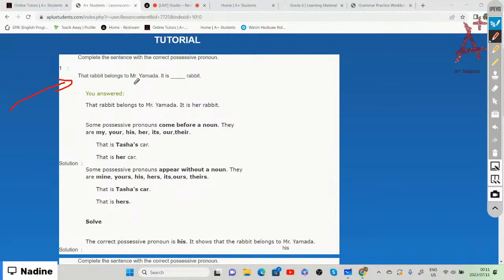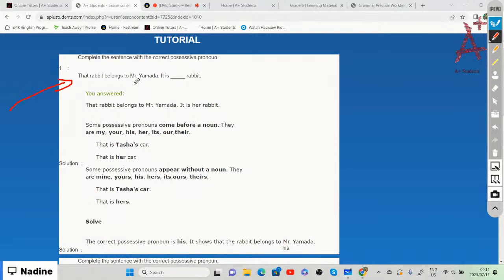Yamada. And remember, we said that some possessive pronouns come before a noun, and some possessive pronouns appear without a noun, right? So that rabbit belongs to Mr. Yamada.